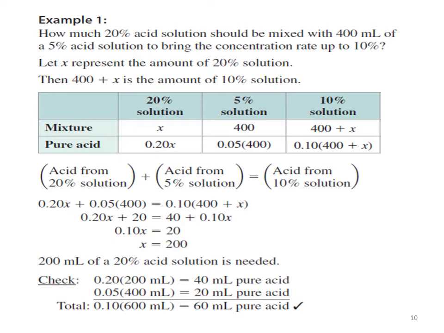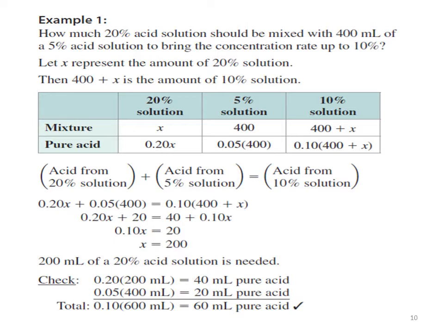We don't know how much we need of the 20% solution, so this is the quantity that you should assign a variable. We will use x. The other solution, we already know the concentration, it's 5%, and we know the volume, 400 milliliters. We want the resulting mixture to be 10%.